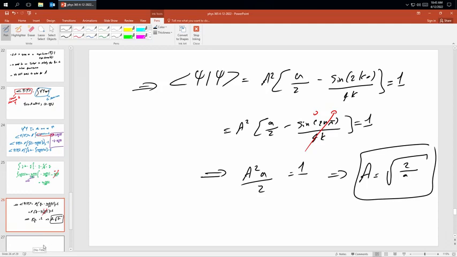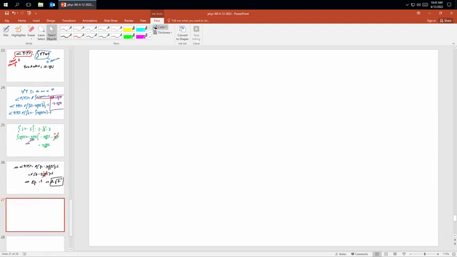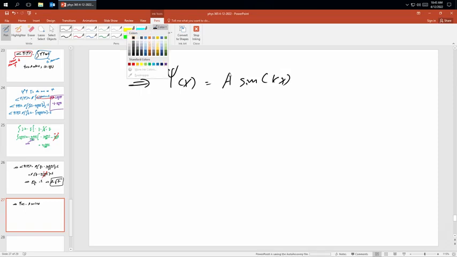Which means that's our solution. That means we can substitute it back into that main equation. That means our psi of x was going to equal A sine kx, where this little fella is going to be the square root of 2 over a.